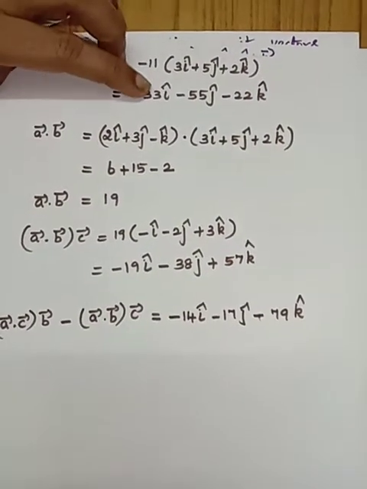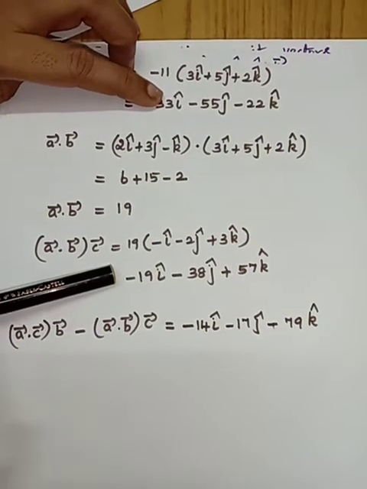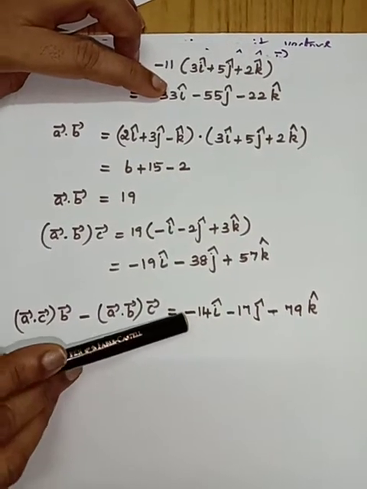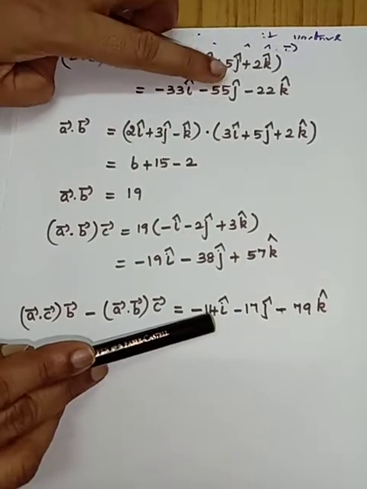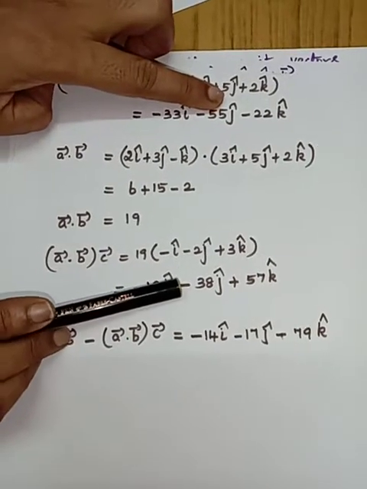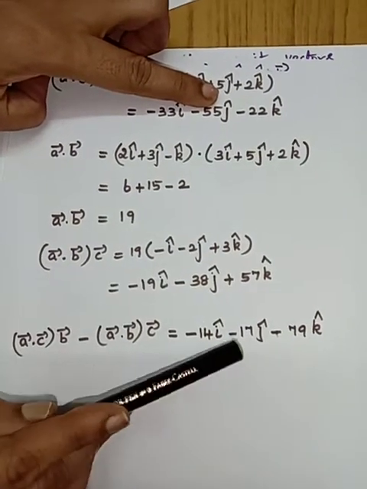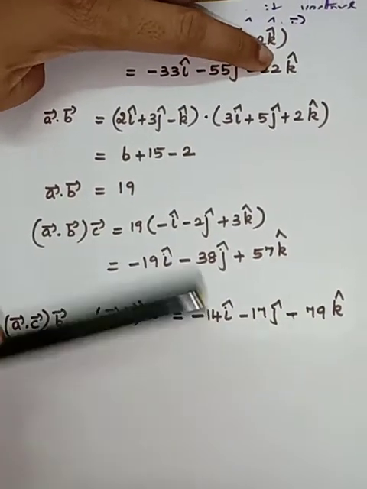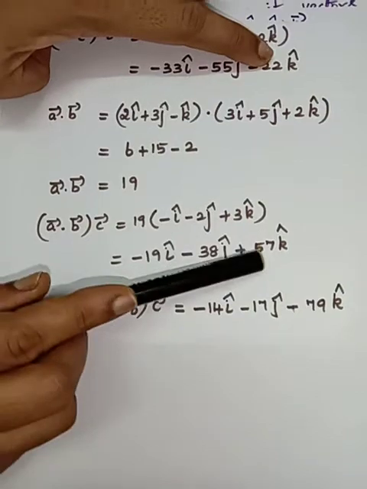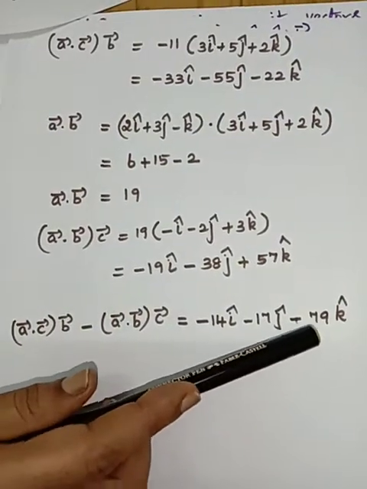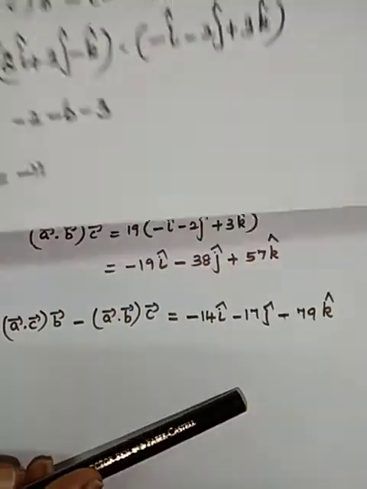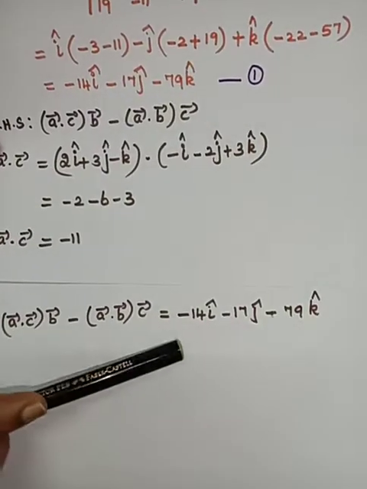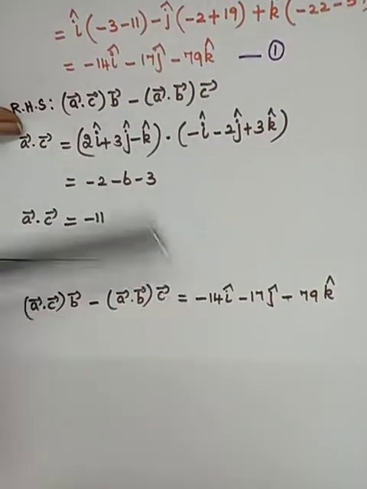So minus 33 here plus 19 i cap is equal to minus 14 i cap. Minus 55 j cap plus 38 j cap is equal to minus 17 j cap. Minus 22 k cap minus 57 k cap is equal to minus 79 k cap. You compare with 1 and 2. Both the results are same.